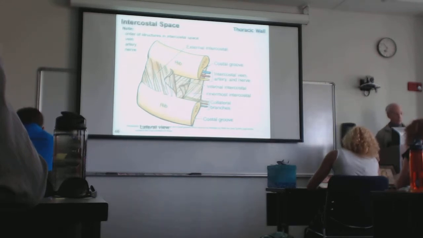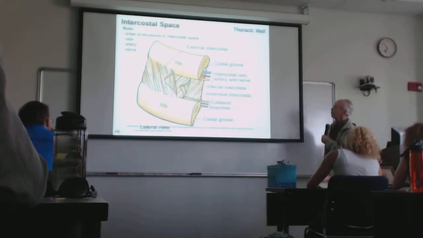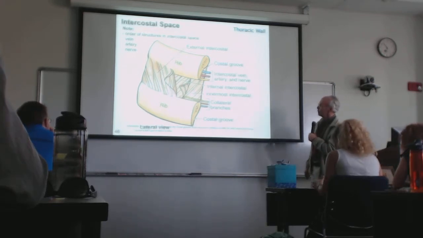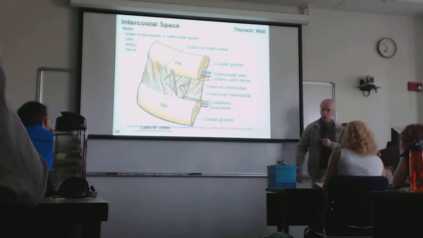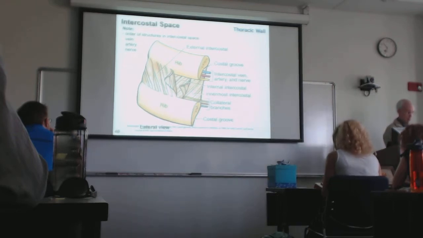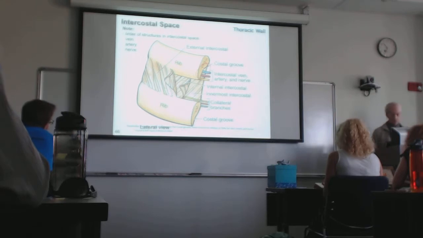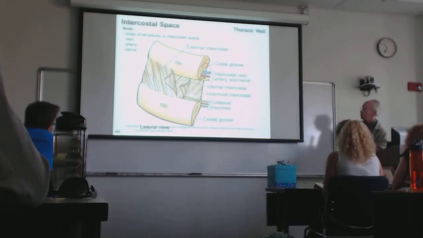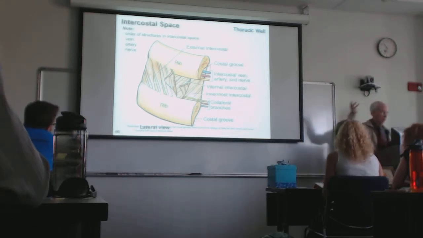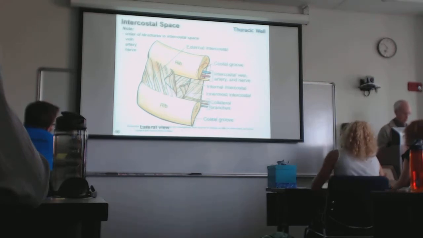So hopefully, if you were shown an image like this on a quiz or test, you'd be able to differentiate the intercostal nerve from the collateral branches. You can see the costal groove is a little bit exaggerated here, but anteriorly you can see a rather substantial groove, and the intercostal structures ensconced or stuffed up in there pretty cozily.